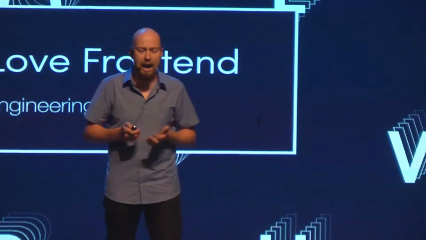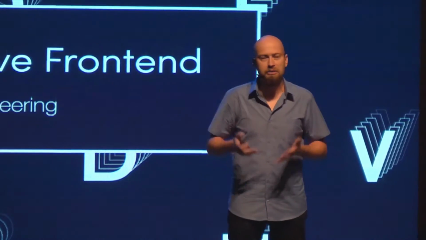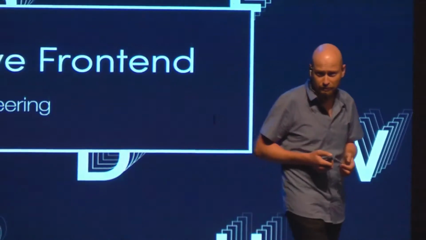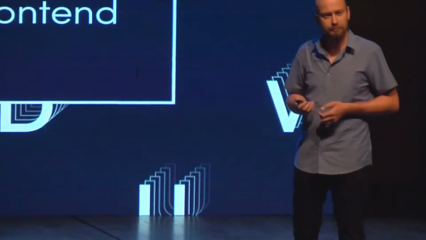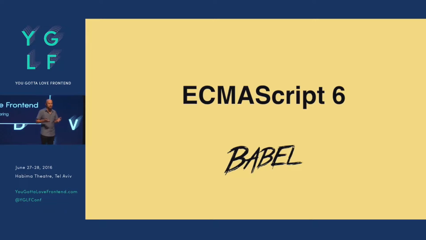But before we start, I just want to ask you, how many of you are writing React applications using the JS6 syntax? Right, that's quite a few. How many of you are using Sass or Less? Right, instead of writing the old-fashioned CSS. And I'm pretty sure a lot of you are already today writing your web applications in ECMAScript 6 with all its new funky features, presumably using Babel.